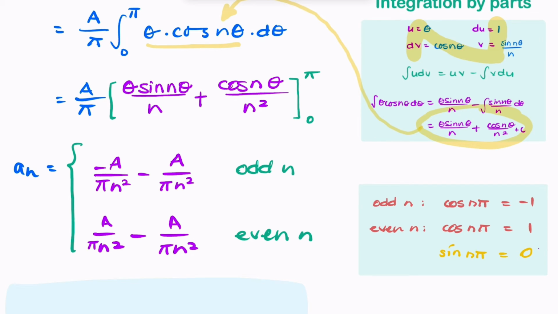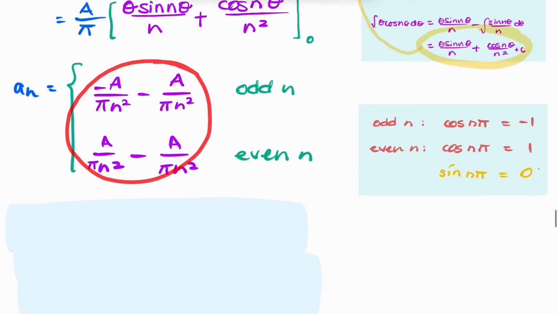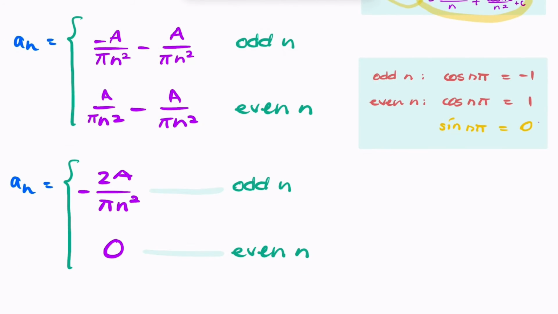So you're going to have cosine even times, say n was 2, cosine 2 pi is 1, so that's 1 over n squared, minus, and then you put the 0 instead of theta, and you get cosine 0, which is also 1, so you end up with 1 minus 1, or in this case, a over pi n squared minus a over pi n squared, so 0. So if I simplify these, I end up with that.